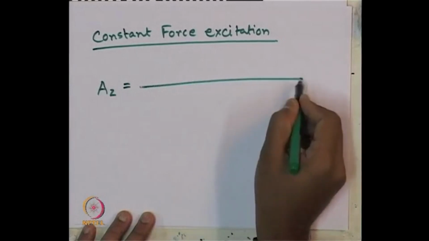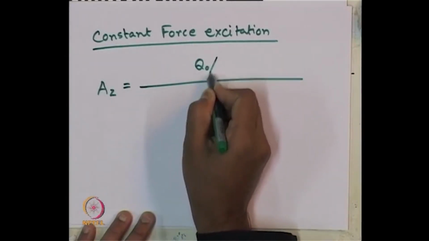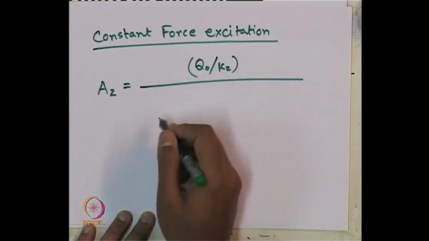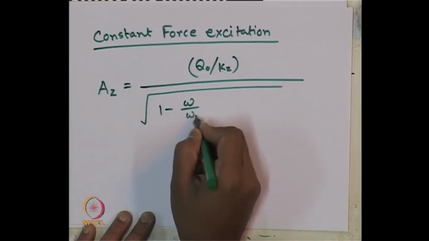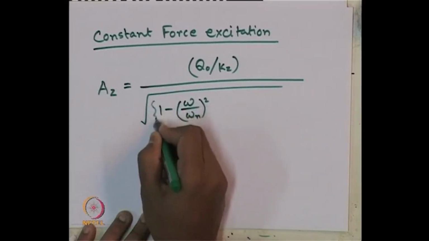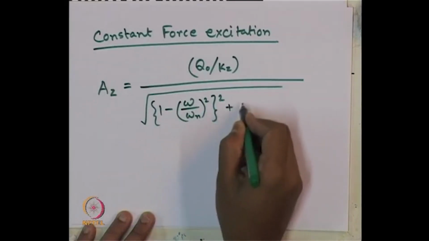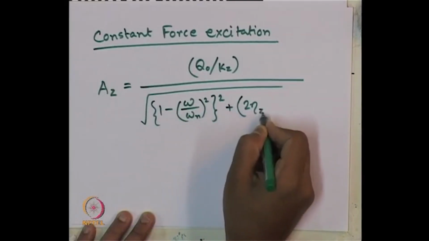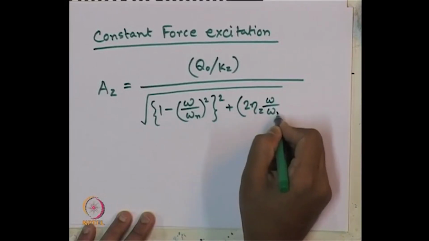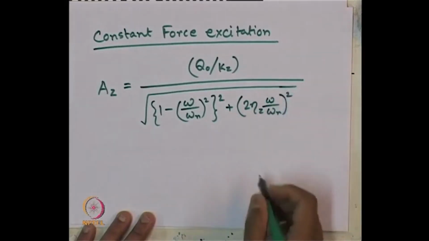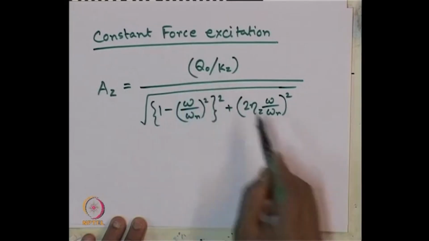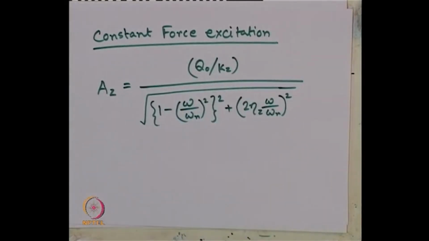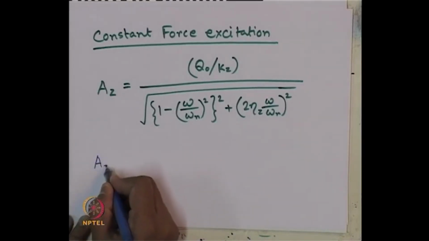Az can be expressed as Q naught by Kz divided by root over (1 minus (omega by omega n) whole square) whole square, plus (2 eta z omega by omega n) whole square. That is the known solution to us. Here we have calculated all these values based on Lysmer's analog. So, let us put those values here and get the value of Az for 3 different types of soil.